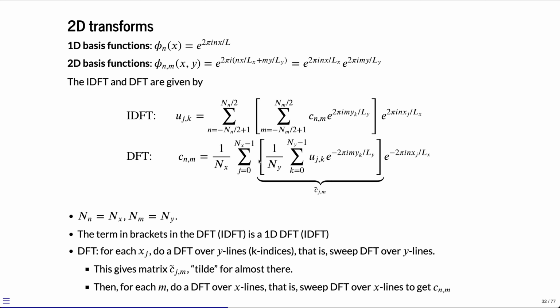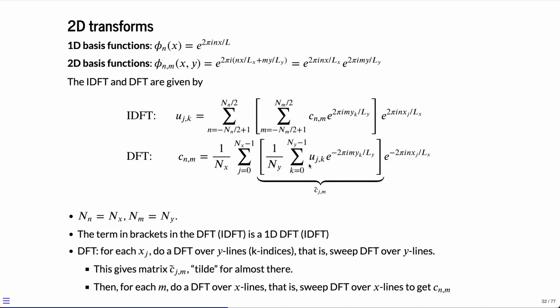So when we go to implement this, we'll notice that this term in brackets is a one-dimensional transform. This isn't going to be a nested sum. This is going to be an inner sum and an outer sum. The inner sum is a one-dimensional transform.